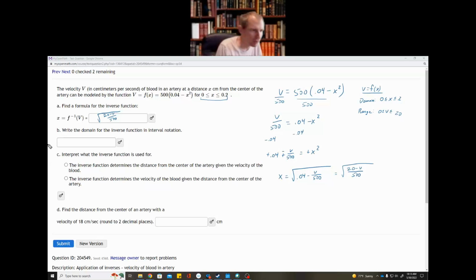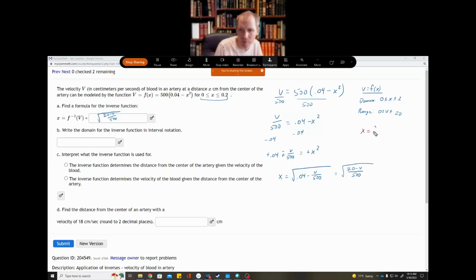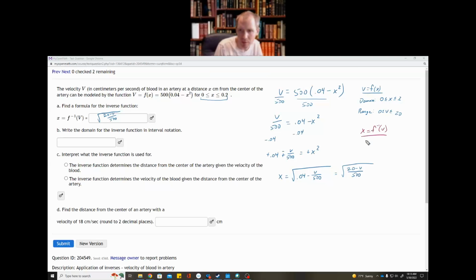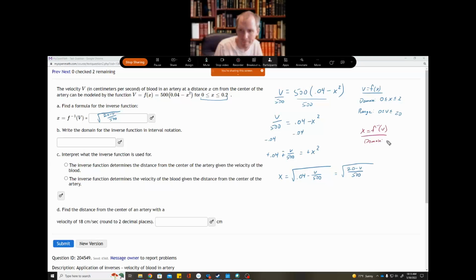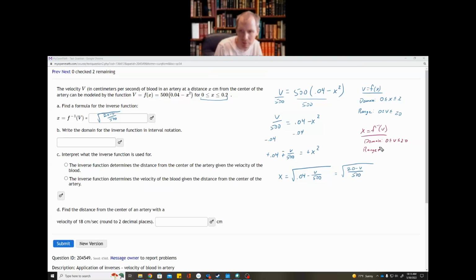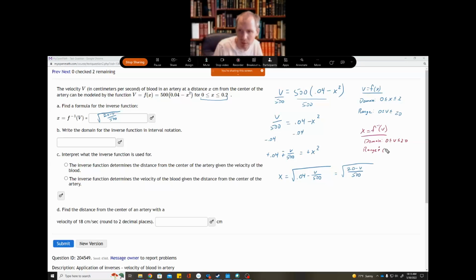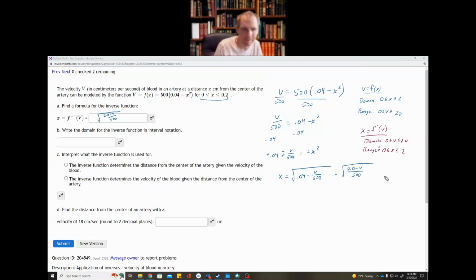So then when I go to look at the inverse function, x equals f inverse of v, the domain is going to be v is between 0 and 20, and then the range, which we don't need here, but I'll write it down anyway, is going to be that x is between 0 and 0.2. Okay. So in interval notation, it would be 0 to 20, including both.